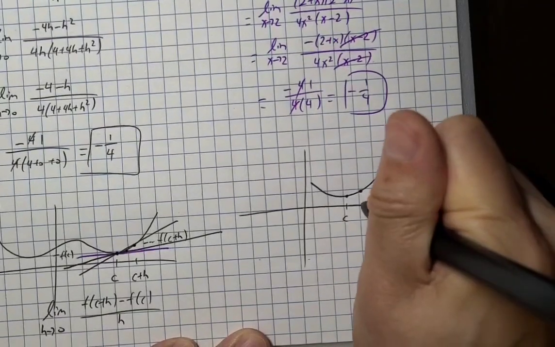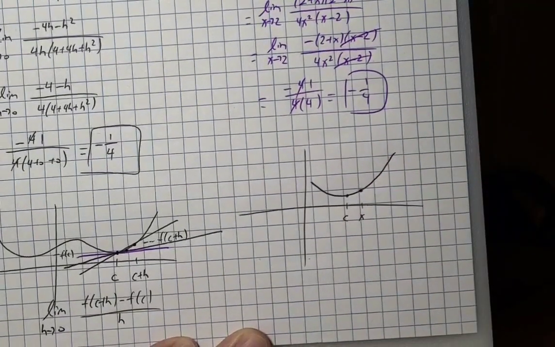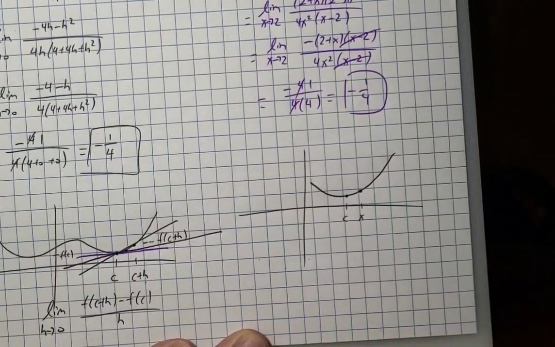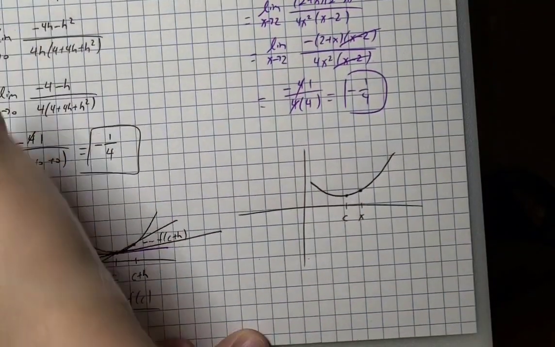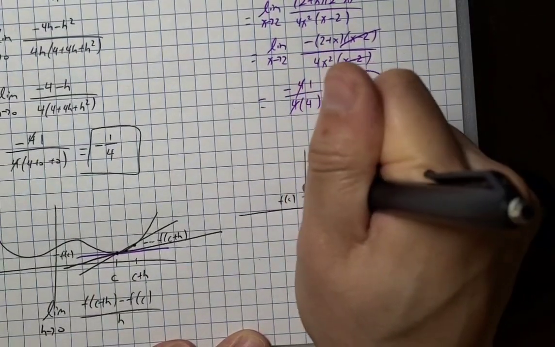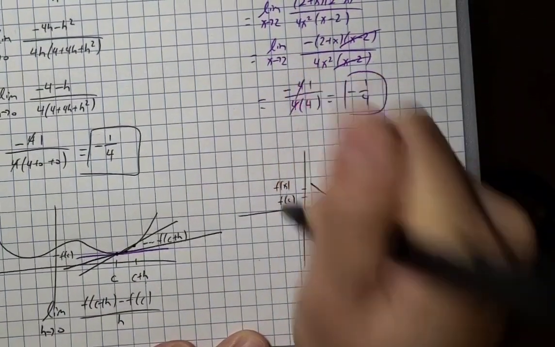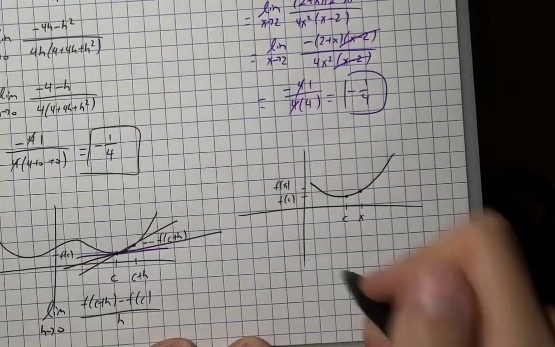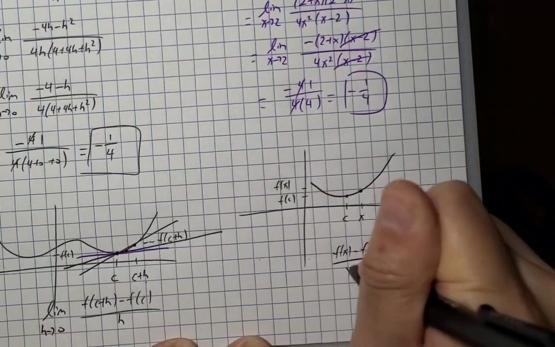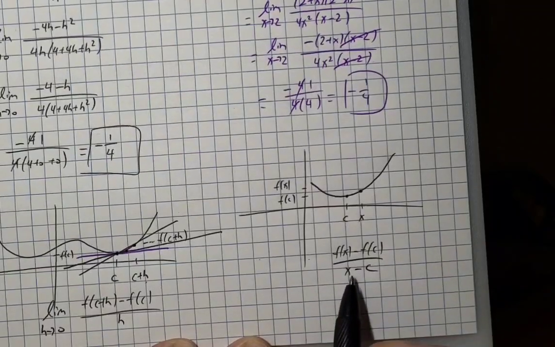Let's call that X. Instead of C plus H, where H is the step, we just call that whole thing X instead. Okay, so we have some f of C and some f of X as well. Okay, what's the slope? It's f of X minus f of C over X minus C. Change in Y over change in X.